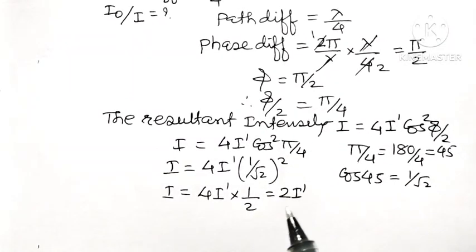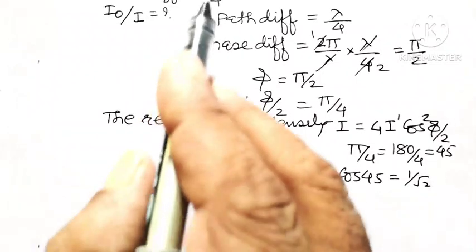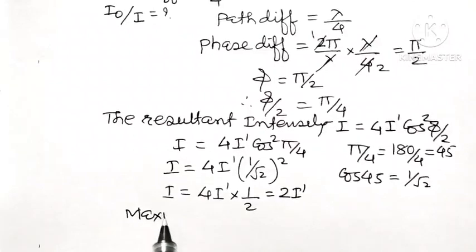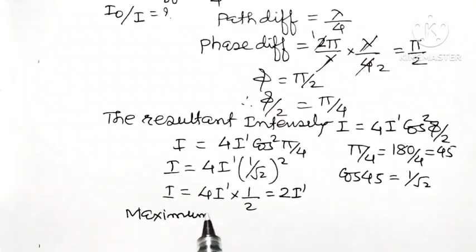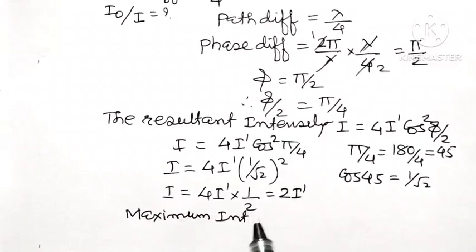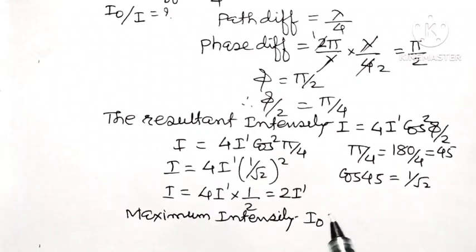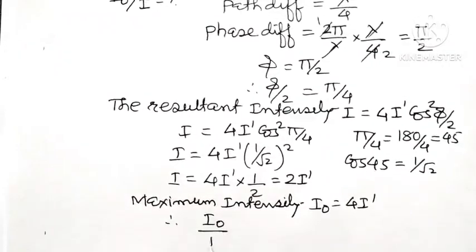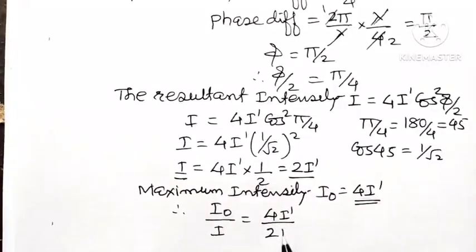Now, we want to find the ratio of I0 upon I. Here I0 is the maximum intensity, and maximum intensity I0 is equal to 4 times I dash. Therefore, I0 upon I is equal to 4 I dash upon 2 I dash.